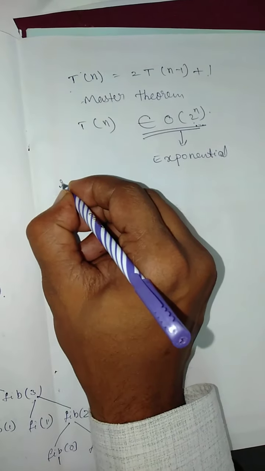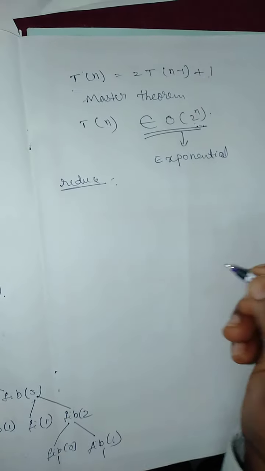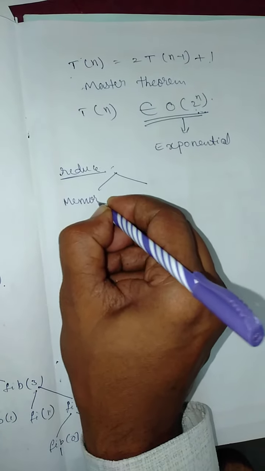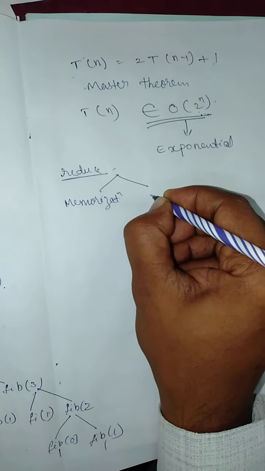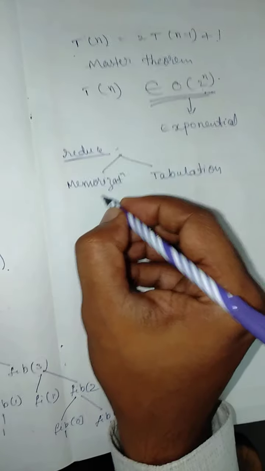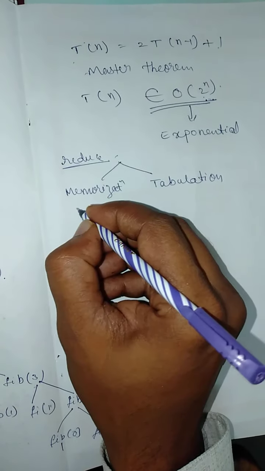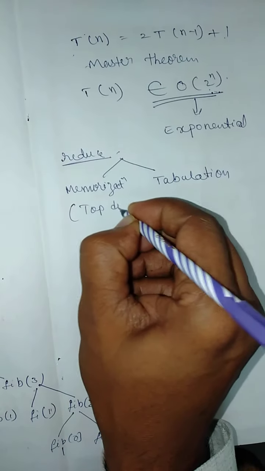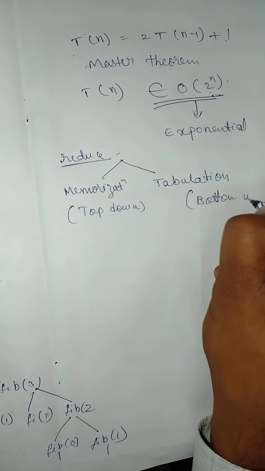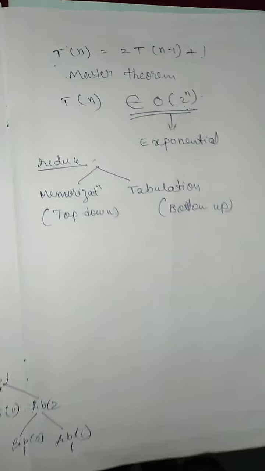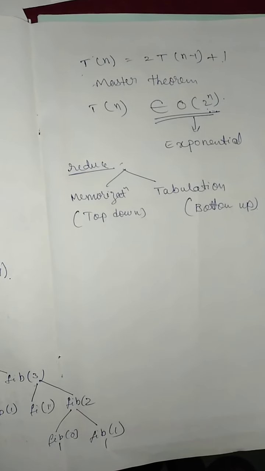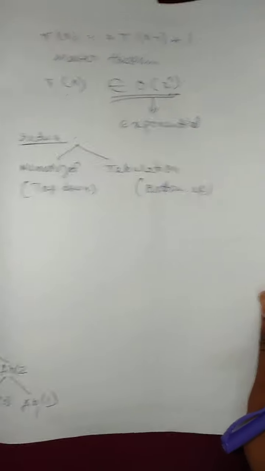We can reduce this time complexity in 2 ways, either by memoization or by what is called the tabulation method. Memoization is usually called the top down approach, and tabulation is the bottom up approach, and both will reduce the time complexity from exponential to either linear or quadratic. Okay, right.